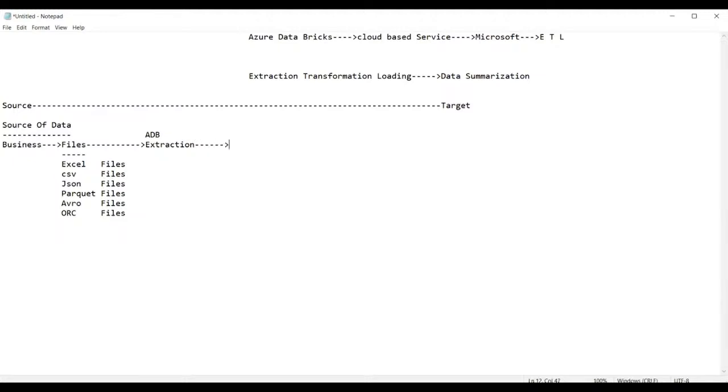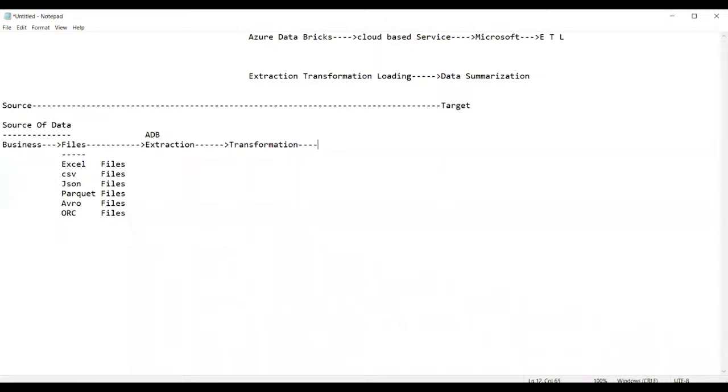Then next, what is the process you have? The next level of processing is transformation. Based on the requirement of the customer, you're going to change the format of the data, change the structure, and design a new structure of the data. This is called transformation.